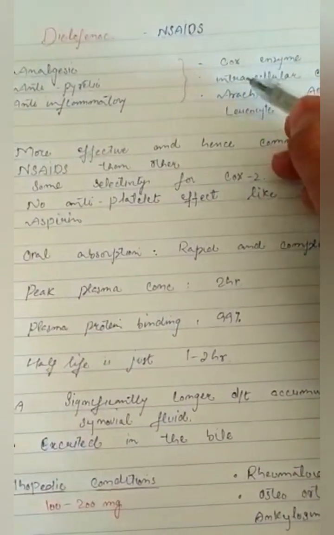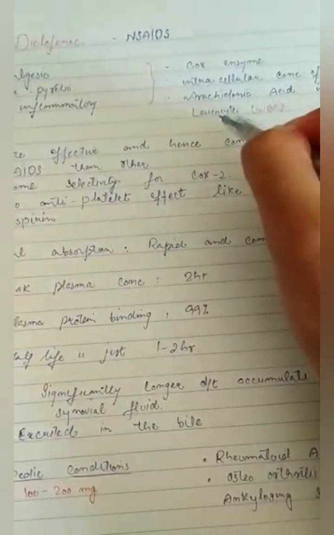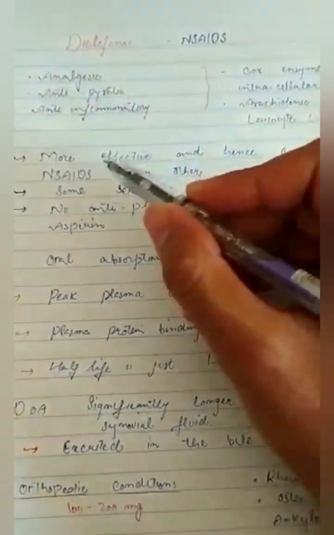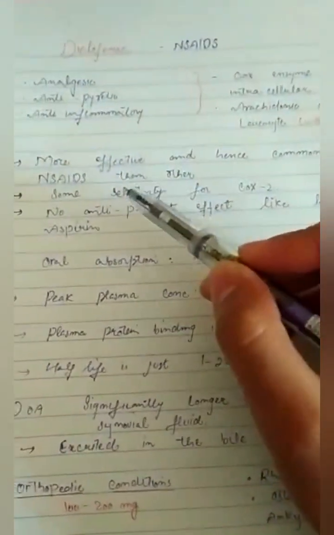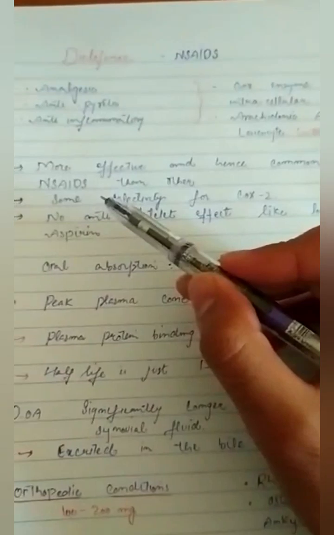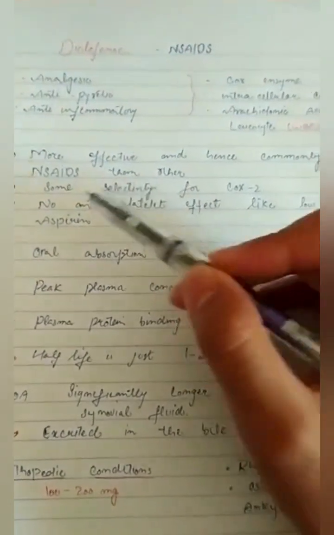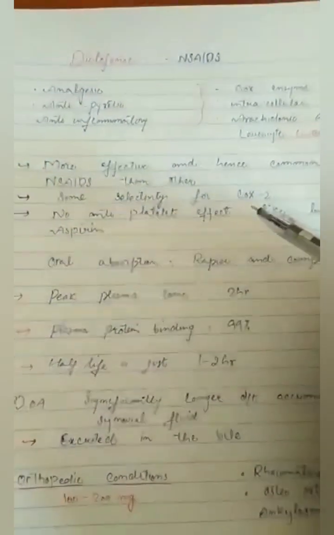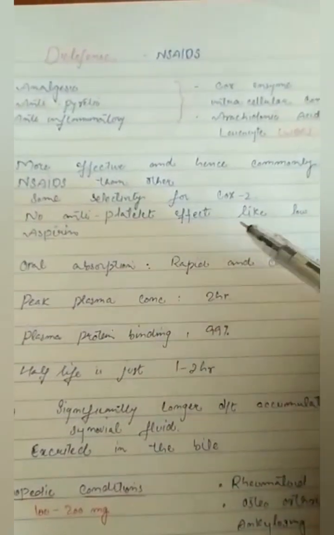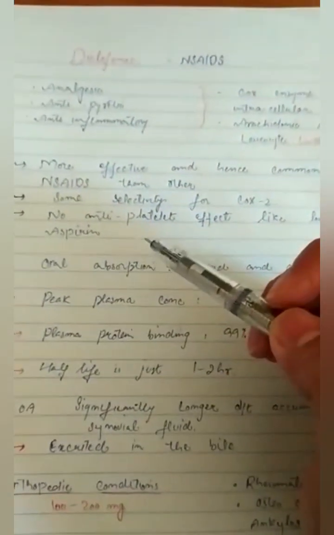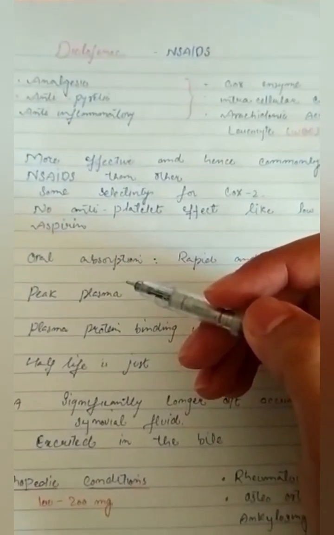It reduces intracellular concentration of arachidonic acid in the leukocytes, and it is more effective and commonly used than other non-steroidal anti-inflammatory drugs, somewhat selective for COX-2, with no antiplatelet effect like low dose aspirin, so there is no cardiac protection.